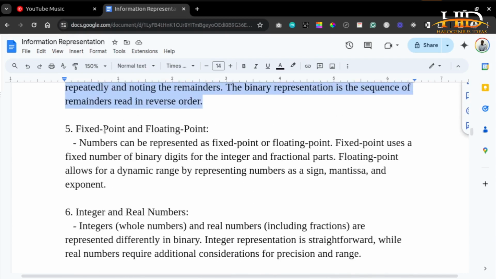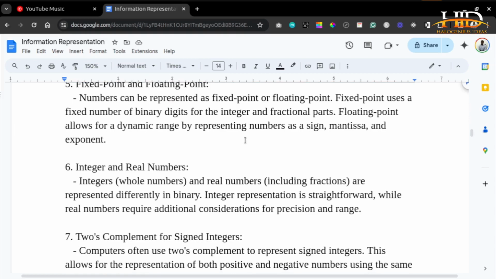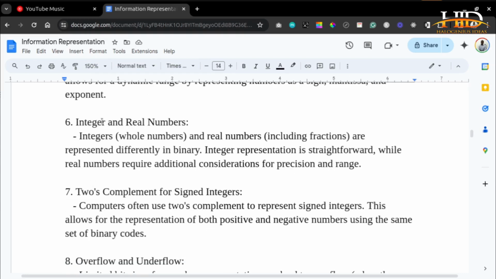So, fixed point and floating point. Numbers can be represented as fixed point or floating point. Fixed point uses a fixed number of binary digits for the integer and the fractional parts. Floating point allows for dynamic range by representing numbers as a sign, mantissa, and exponent. So, we have the integers and the real numbers. Integers are whole numbers, while real numbers include fractions.